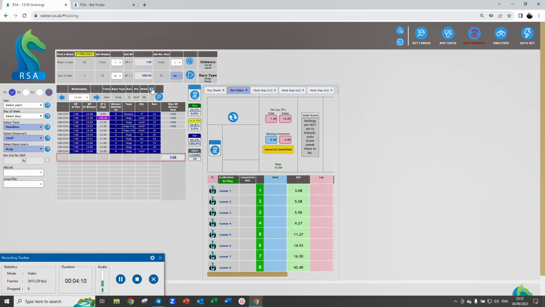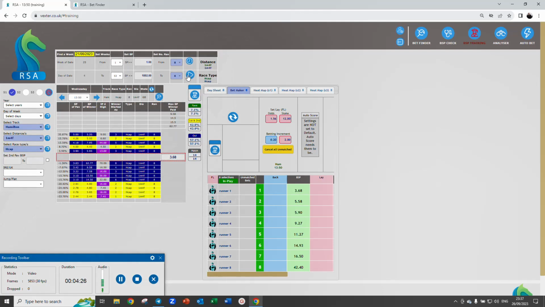Then we'd go runners is 8. And then we'd play. We would have to do that for every single race. So as a race started, we would have to go through and do that.